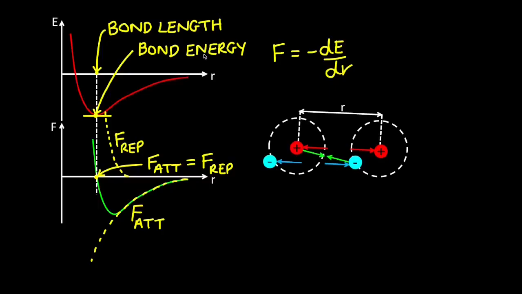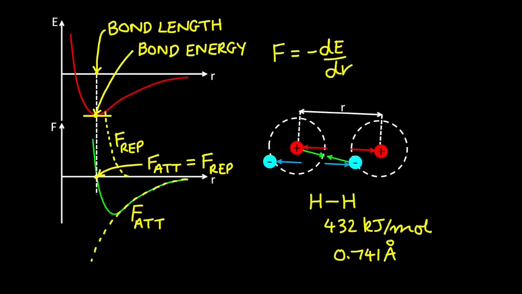So just to give you an idea of the bond between hydrogen atoms, the bond energy is 432 kilojoules per mole, and the bond length is 0.741 angstroms, or 74.1 picometers. And 1 picometer is 10 to the minus 12 meters.